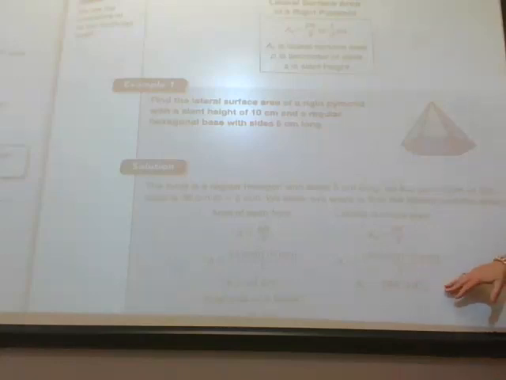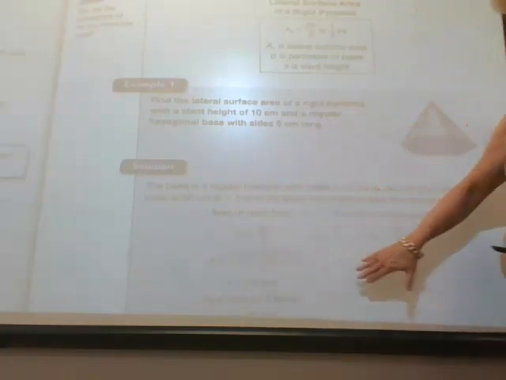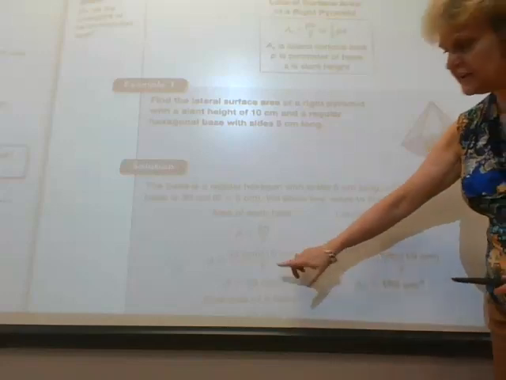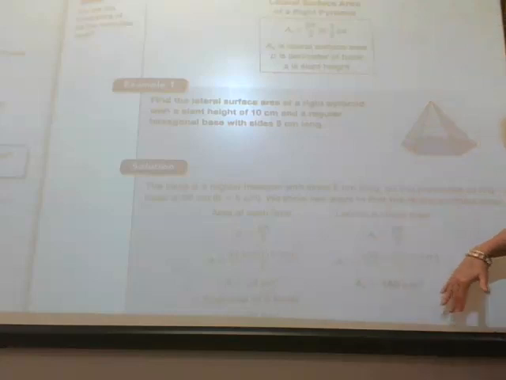So you see how they got the lateral surface area: the perimeter of your base times the slant height over 2. Now, do you all see that getting the area of one of the faces and knowing there are 6 faces, I could also have multiplied that by 6 and gotten the same answer.